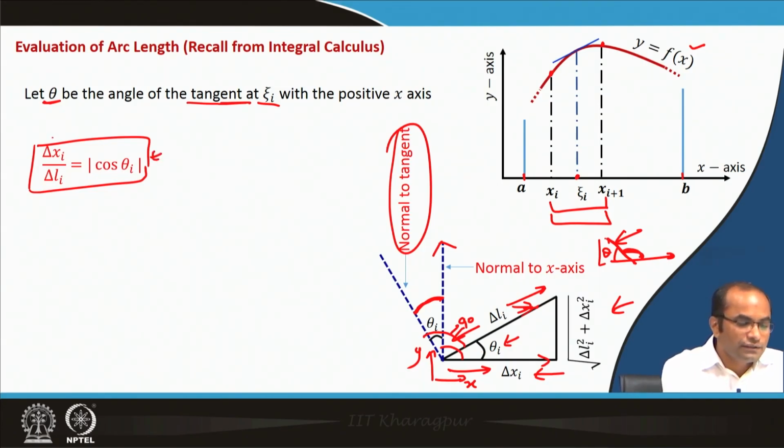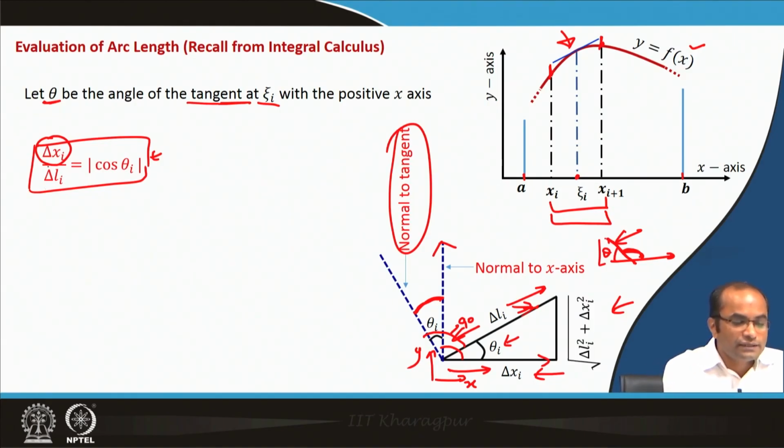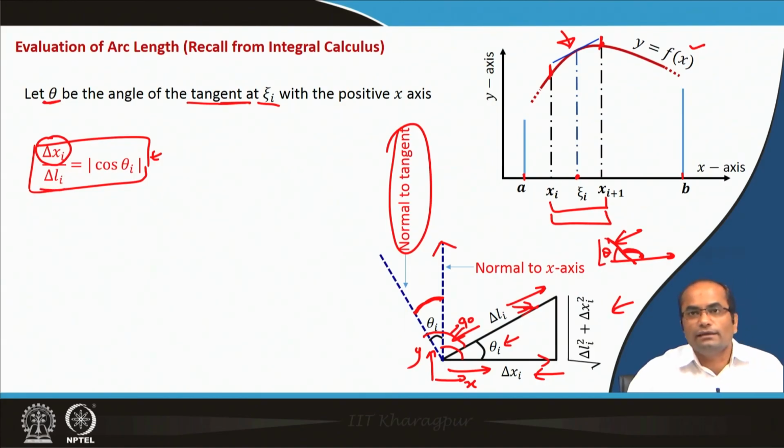What is this relation? This increment delta x I is the projection on the x axis of a piece of the arc length which we are considering here, and its coverage is delta x I, that means x I plus 1 minus x I. So, delta x I divided by delta L I, where the length delta L I is along the tangent.